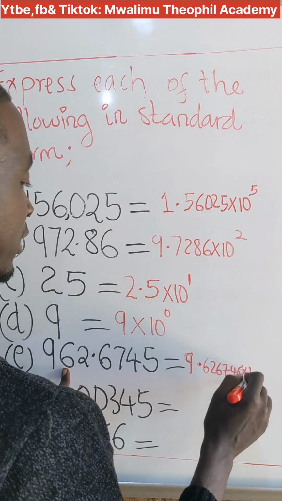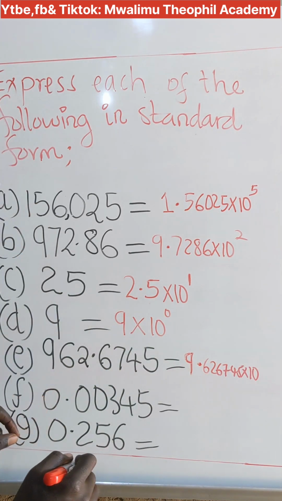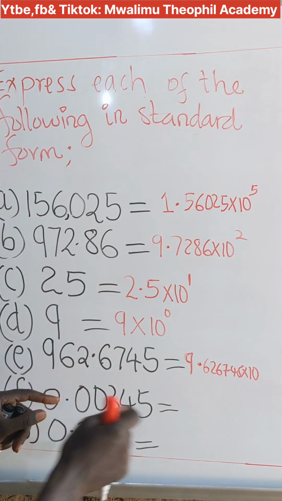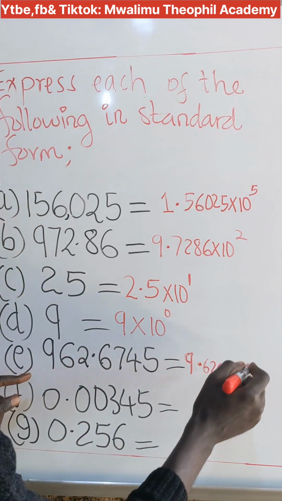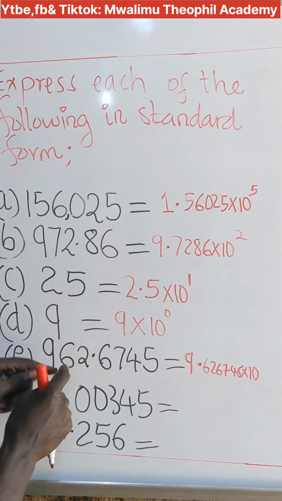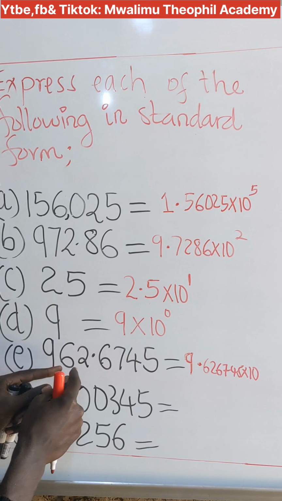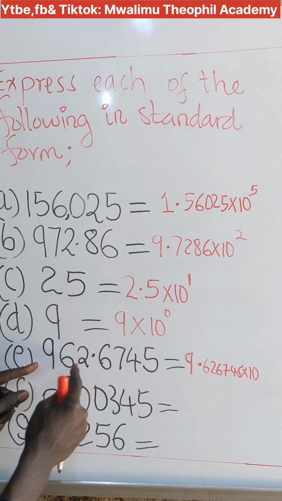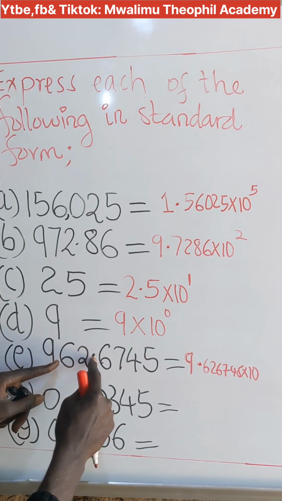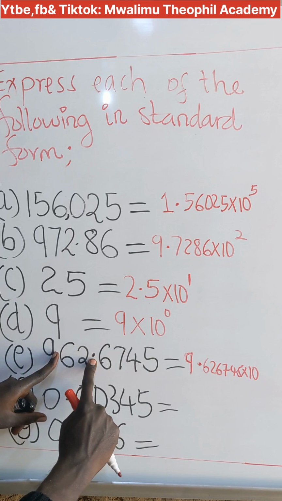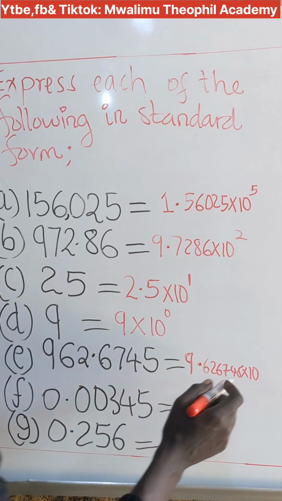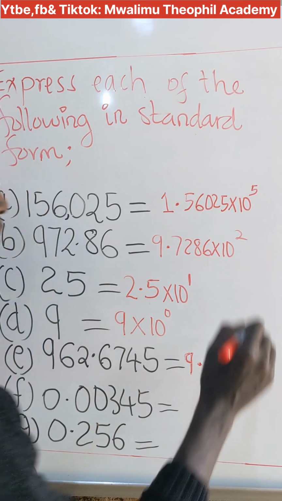We multiply by 10 raised to what number? By the number of digits between the two decimal points, the new one and the original one. The original one is here, a new one has been inserted here, so we have 2. So it will be 10 raised to 2.